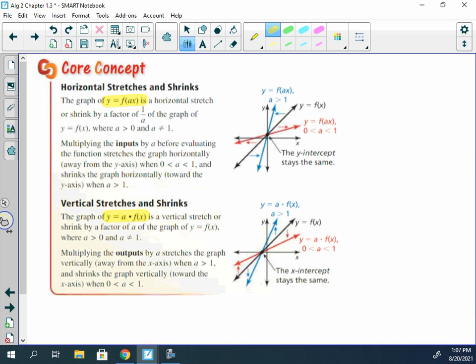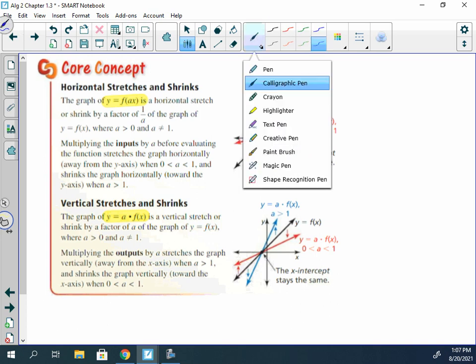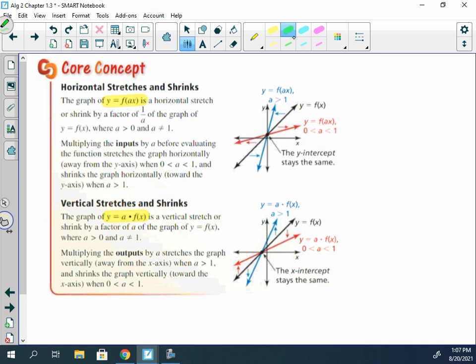Now, with horizontal stretch or shrink, this is where we need to be a little careful, because it's a stretch by a factor of 1 over a. So whatever value they give us, we have to take the reciprocal of it.